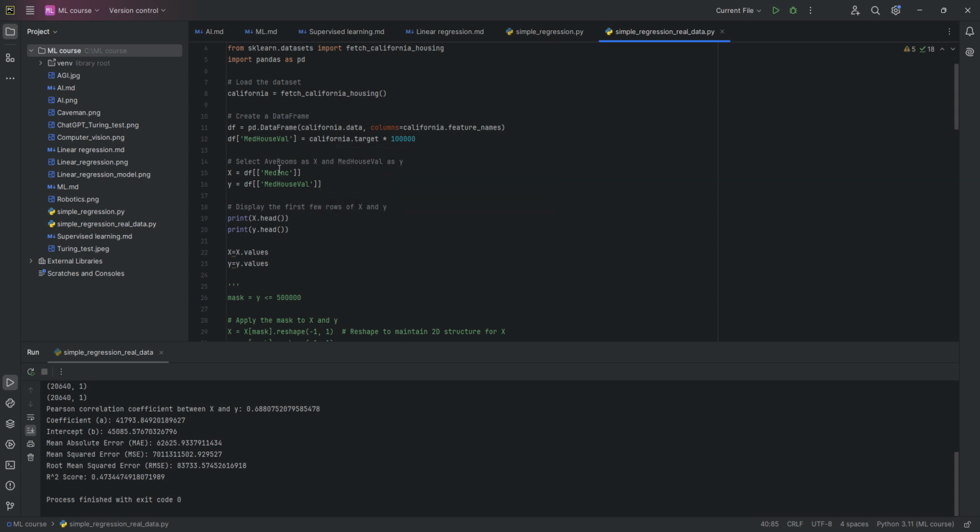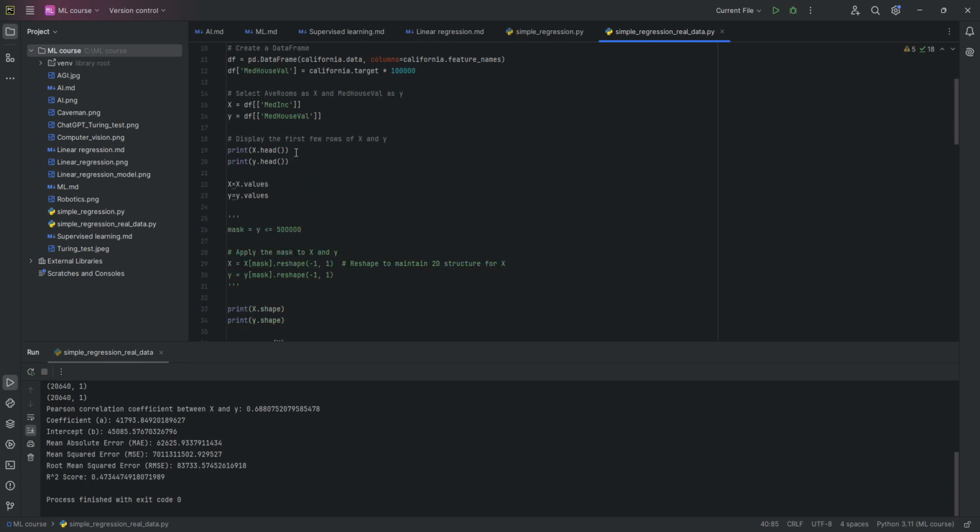And for the x, we are using this MedInc, which is basically the median income for that neighborhood. So we want to predict the price of the house based on the average income of that neighborhood or segment. So that's how we're gonna extract our x and y from this data set, and the rest of the thing is gonna be the same as the previous code.